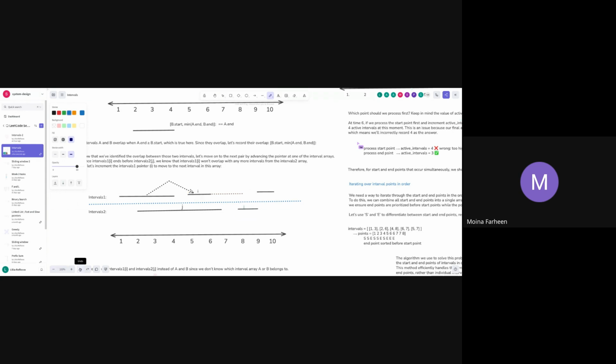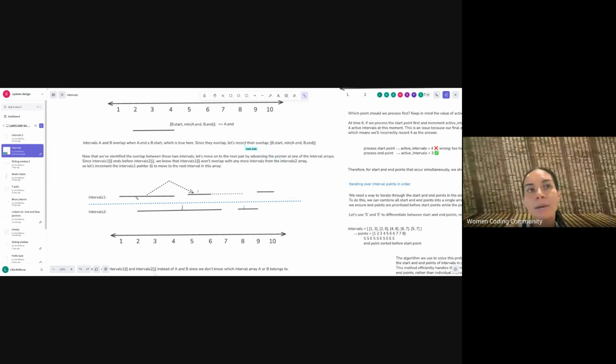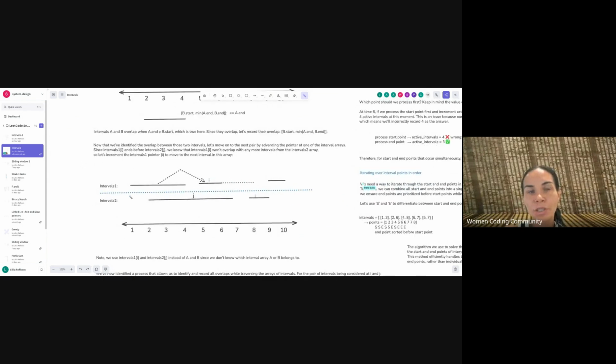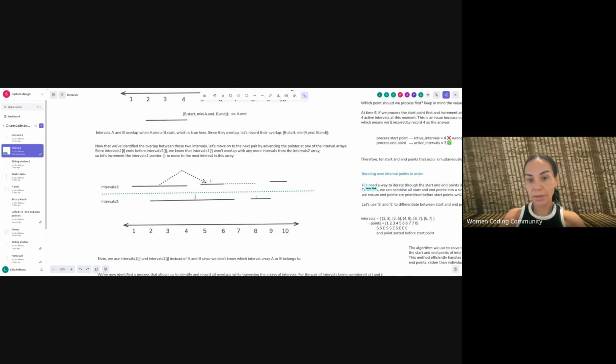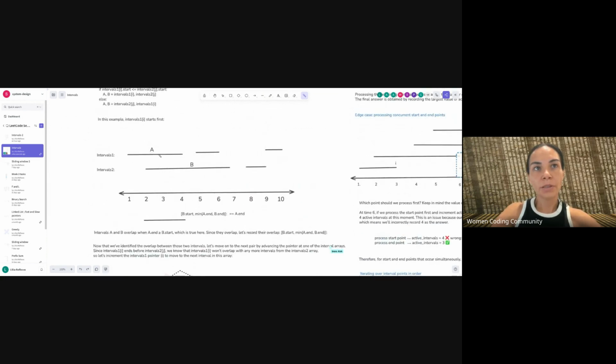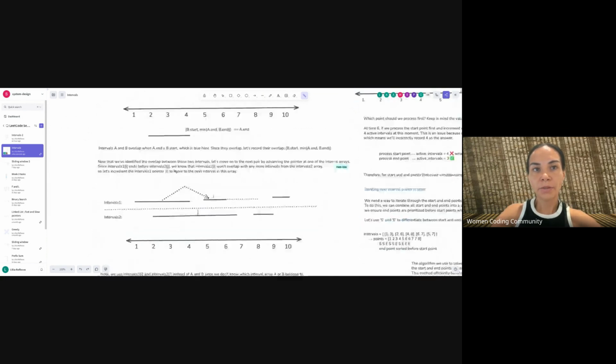So my question is, at which point are you actually deciding the intersection? Because as we keep shifting I's and J's like this, where do you say, okay, I have found one intersection and I'm going to store that? Yeah, you will process each interval against the other intervals all the time. So we started from this interval and this interval.